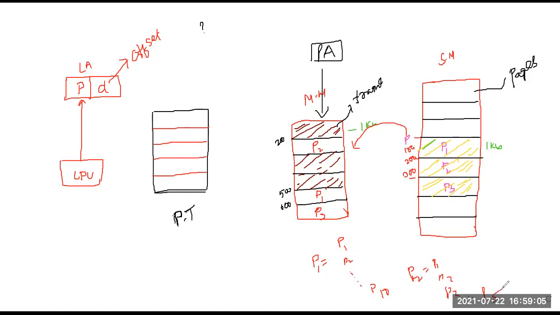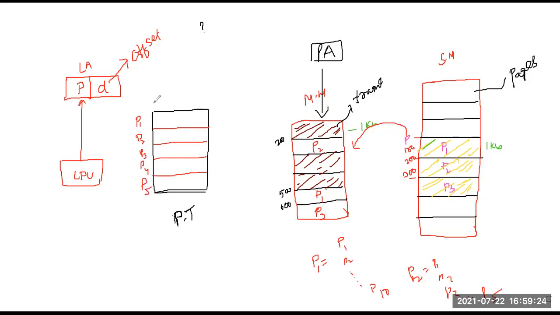Now how is it represented? The number of page table entries will be represented like this: this is page 1, page 2, page 3, page 4, page 5.